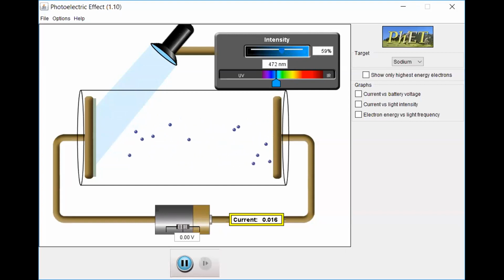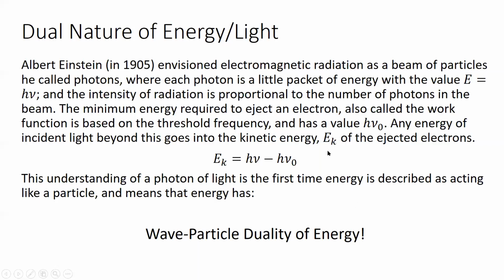And so you can kind of think about it from the standpoint of, well, at least in a way to sort of visualize this, what might this mean about the light? And so Einstein says, well, okay, so the light is actually acting in this particular example like a beam of particles. And why a beam of particles?